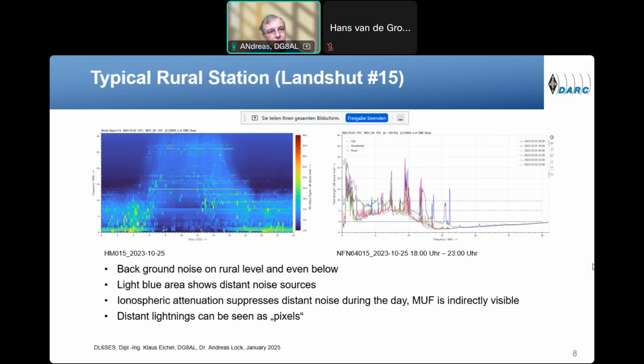There were only some thunderstorms in the Mediterranean area, and therefore we are sure that these pixels come from thunderstorms. The technical reason is that we measure 1 second for each 1 megahertz segment, and if the signal is very high in this 1 second, it gets this light blue or green or yellow color.